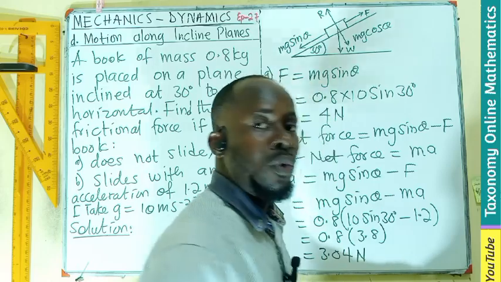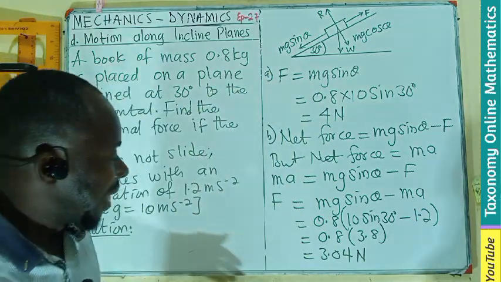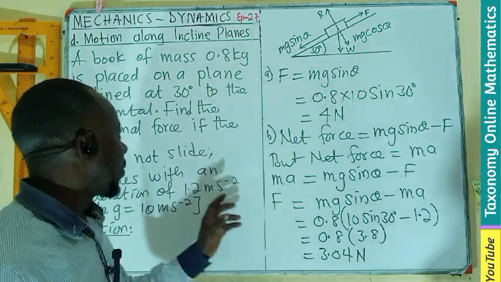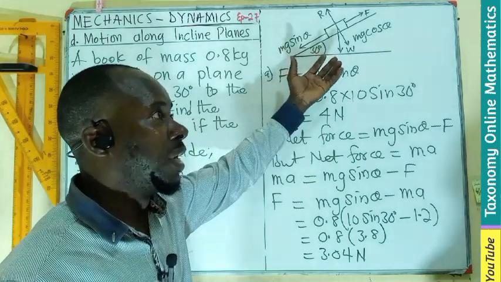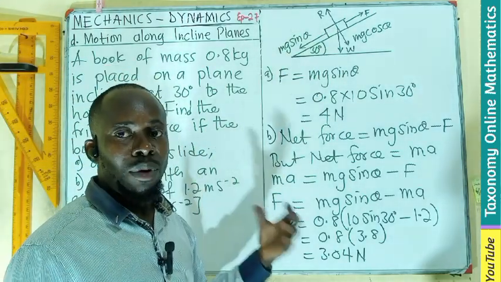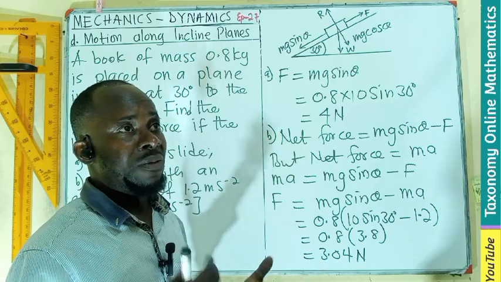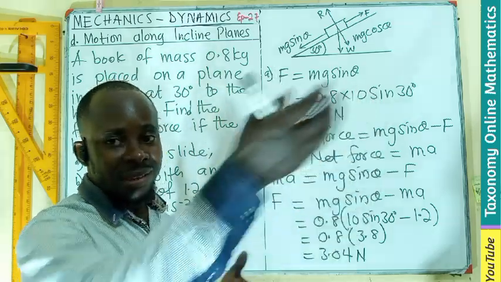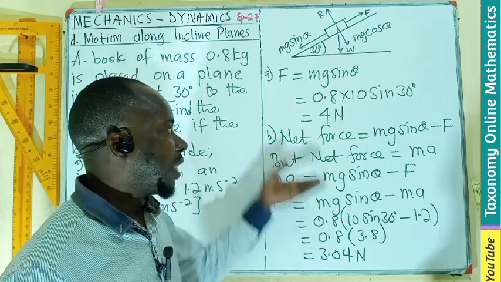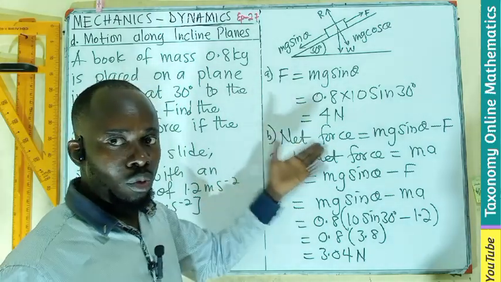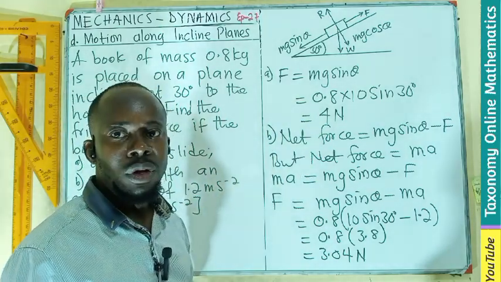We conclude by saying that the frictional force as the body slides down is going to be 3.04 Newton. The one causing it not to move at all is going to be 4 Newton.